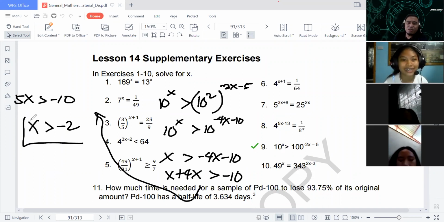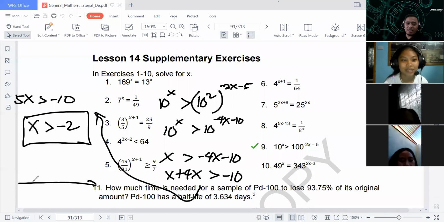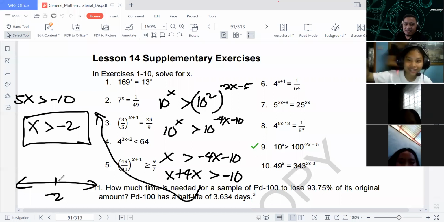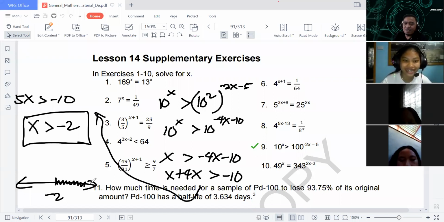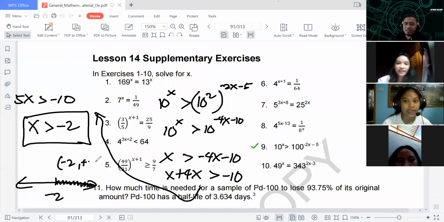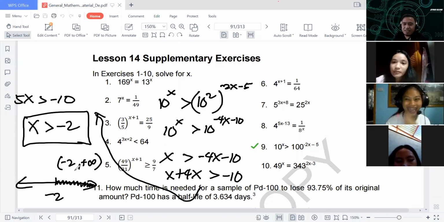Okay. If you graph it, it will look like this, right? This is negative 2, greater than. Which side do we shade, left or right? The right side, because it is greater than. So what is the interval notation now?